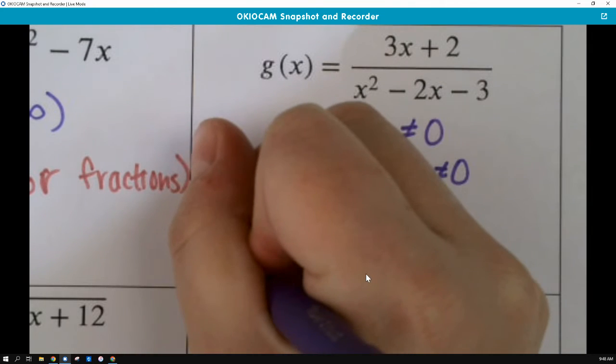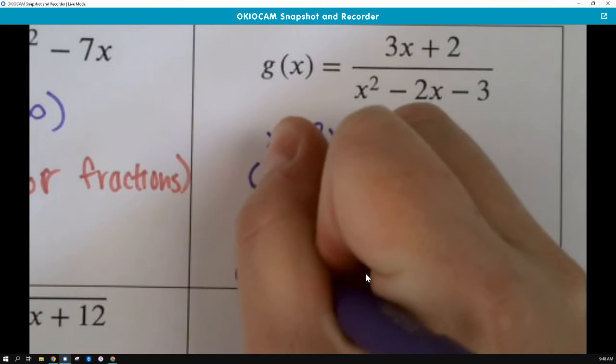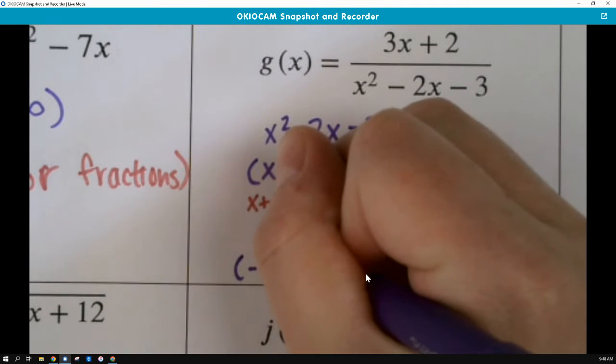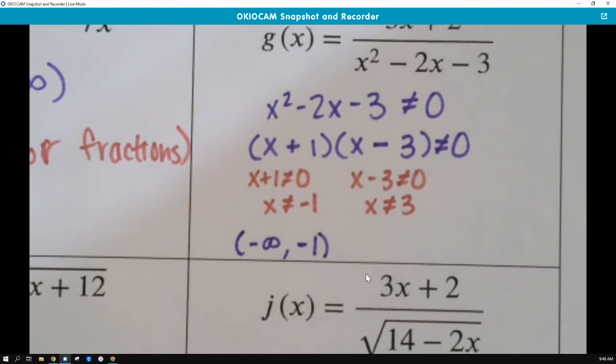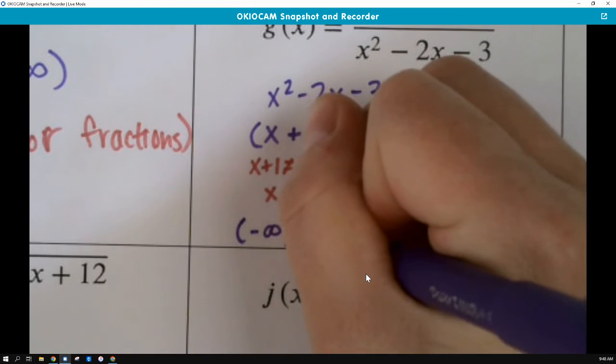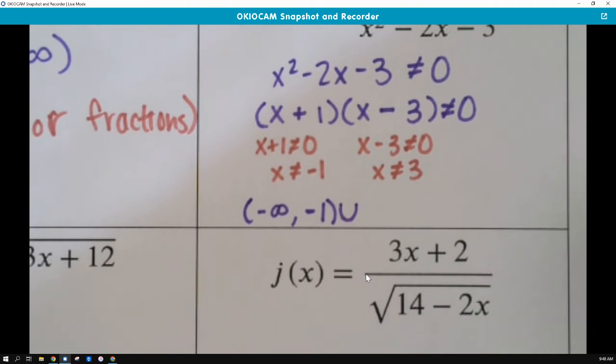We're going to go from -infinity all the way up to -1. And then we have a break in what our domain can be. We are going to use a parentheses because we cannot be -1. So parentheses mean you cannot be that number. A bracket means you would be that number. Then I'm going to put a U. That's a union symbol.